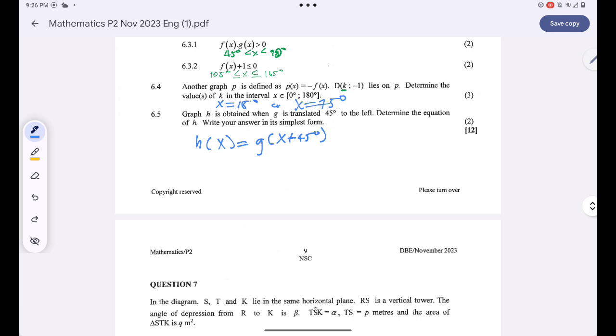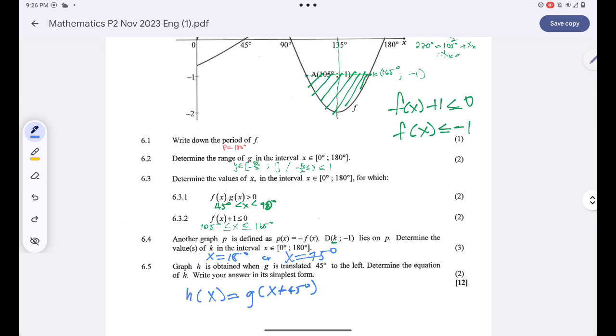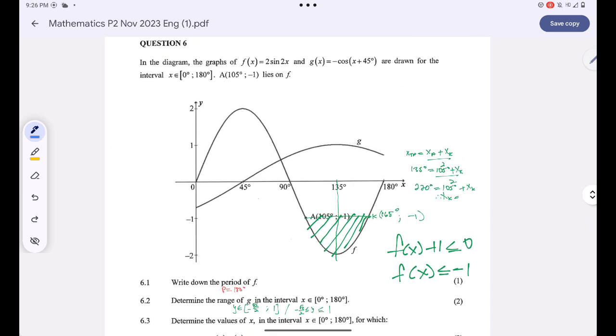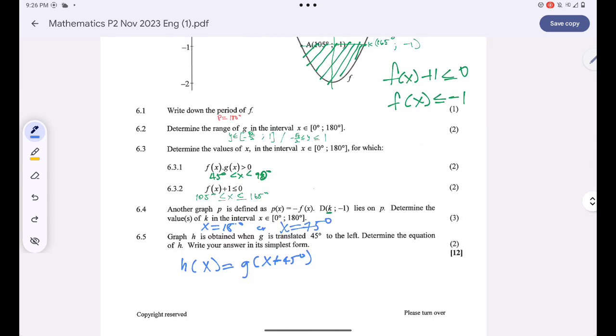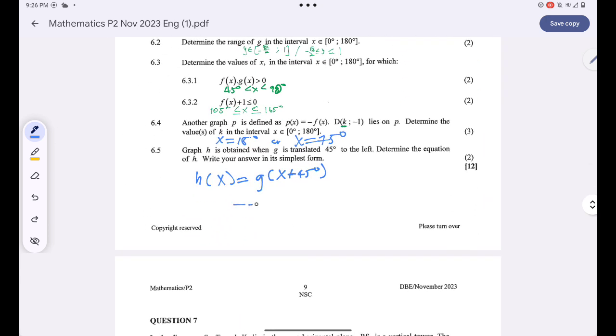Are we together? So whenever we see x in the equation of g, we are going to substitute it with x plus 45 degrees. G was negative cos x, so it becomes negative cos of x plus 45.